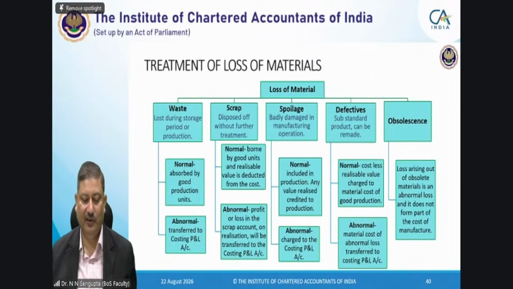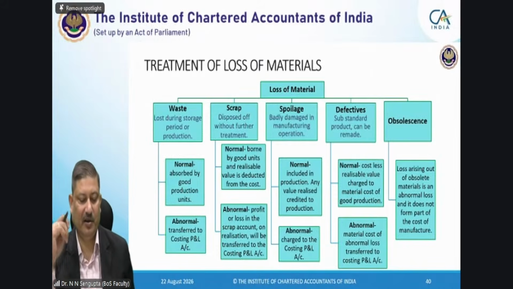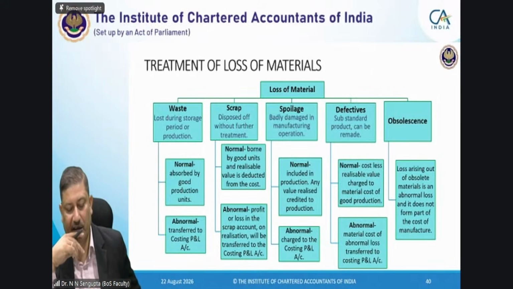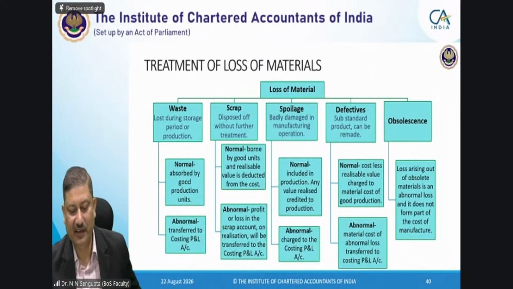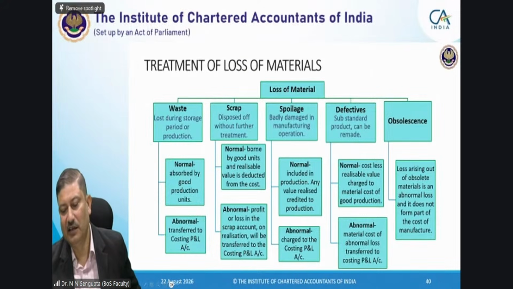Abnormal profit or loss in the scrap account on realization will be transferred to the costing PL. Spoilage normal will be included in production. Any value realized credited to production. Abnormal charged to the costing PL. Normal cost less realizable value charged to the material cost of production. Abnormal material cost of abnormal loss transferred to profit and loss account.